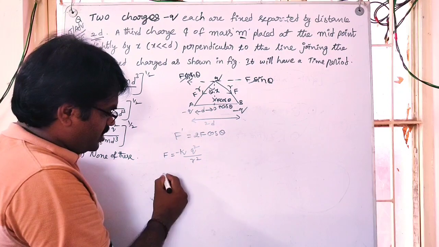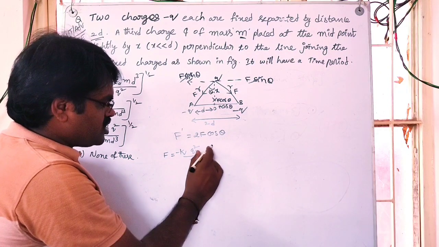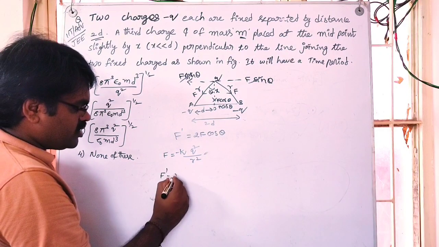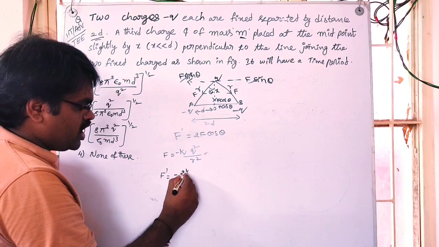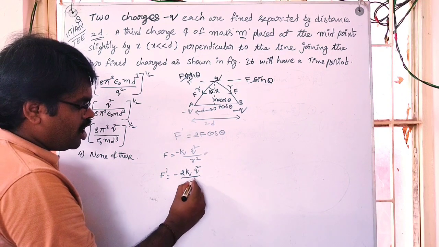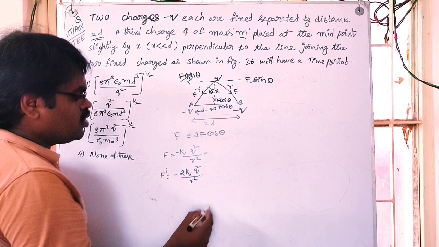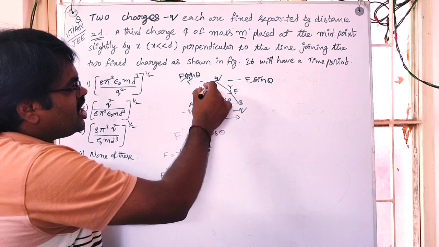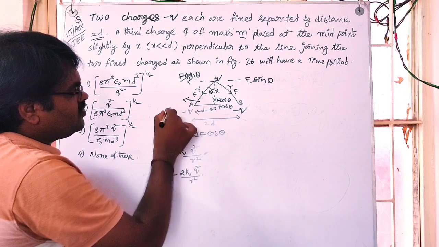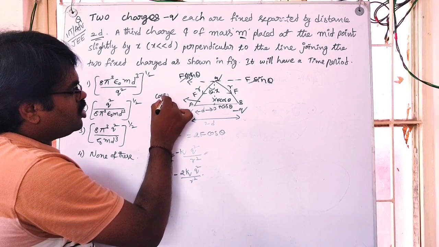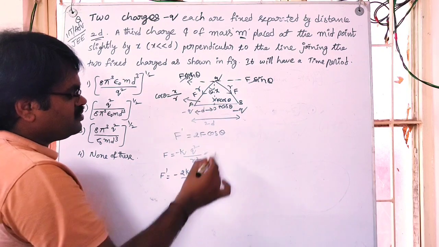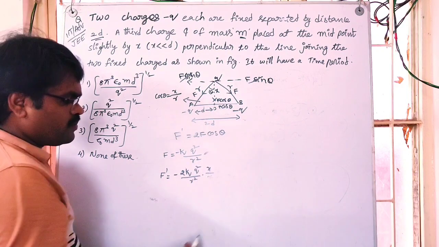Then we substitute: F dash is equal to minus 2K Q square by R square into cos theta. Here it is a right angle triangle, so cos theta is equal to the adjacent side x by the hypotenuse r, that is x by r.